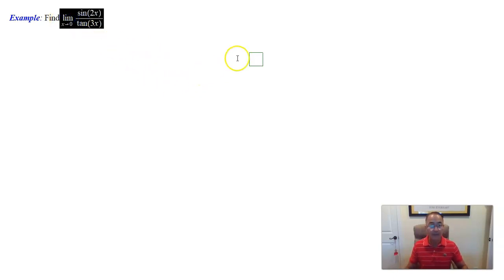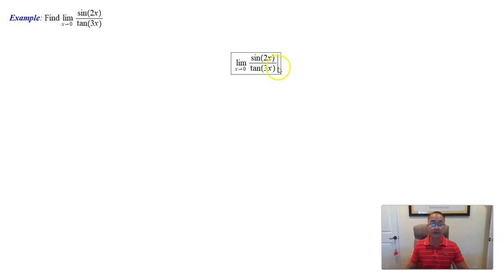As x approaches 0, sine of 2x is approaching 0, and tangent of 3x is still approaching 0, because x is getting smaller and smaller. Sine of 0 is 0, tangent of 0 is also 0.